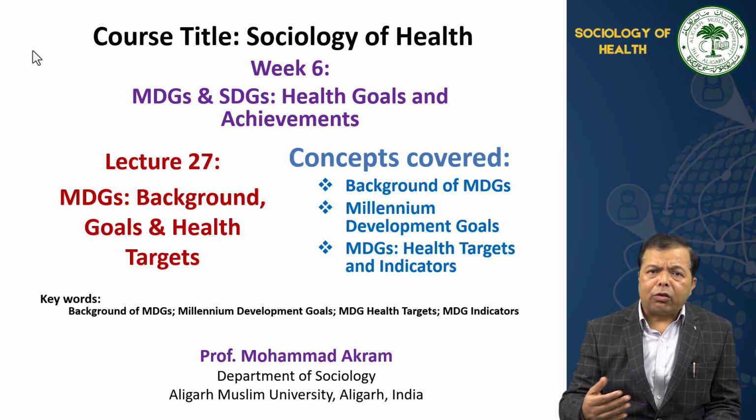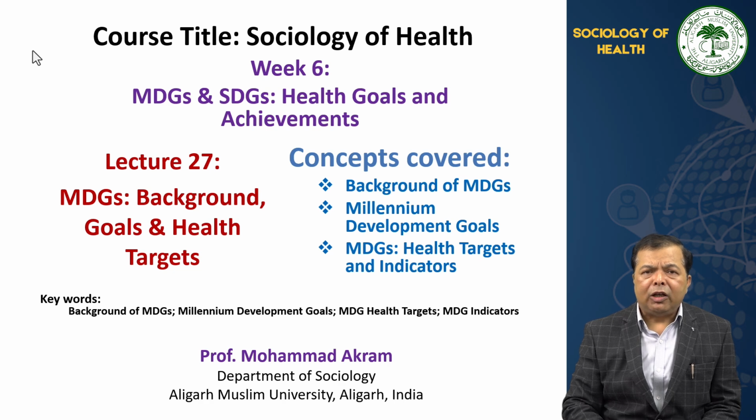And then it was also supported by the human development index, which is a kind of effort to measure development in quantitative terms, right? So the human development index talked about three indexes, that is health index, education index, and income index, and then the cumulative result would be in the form of the human development index.